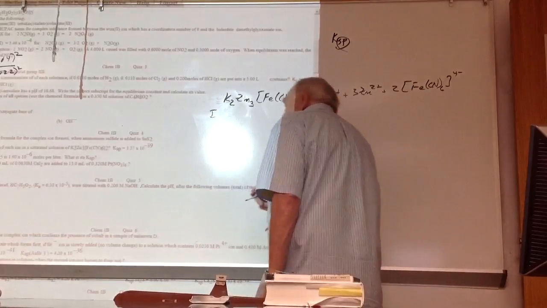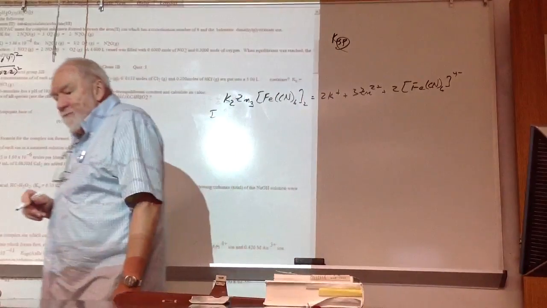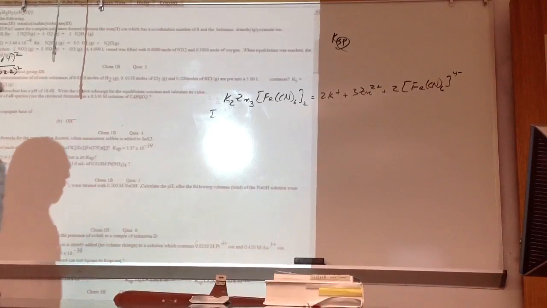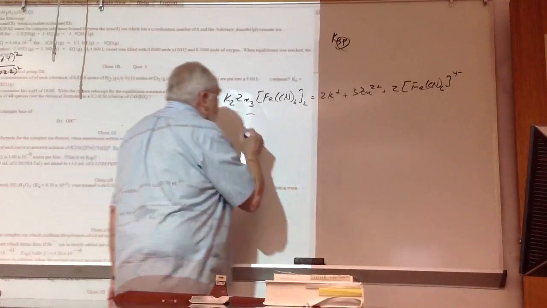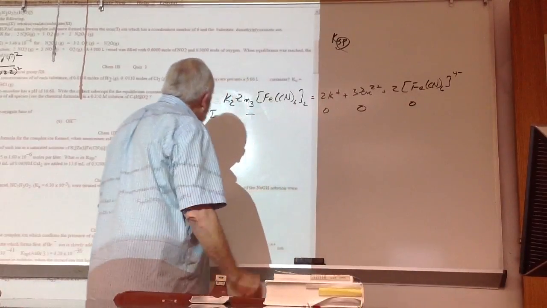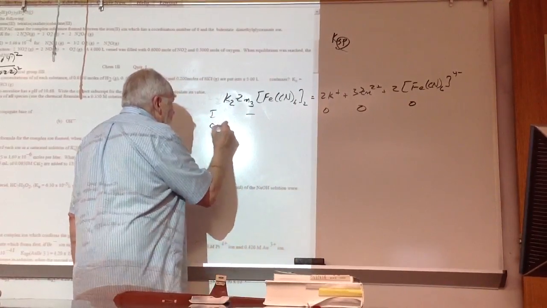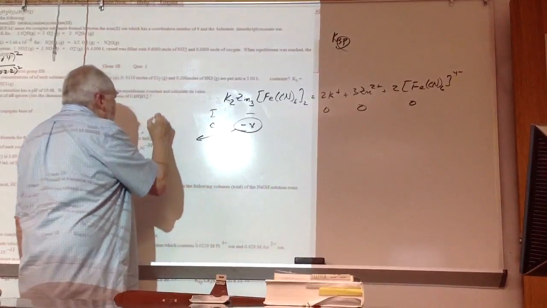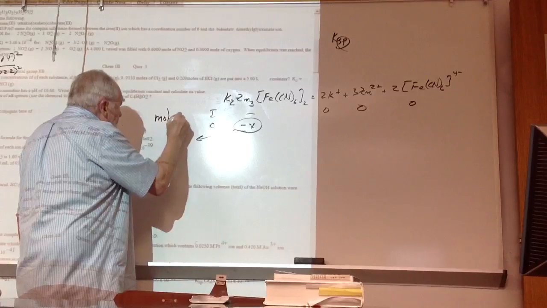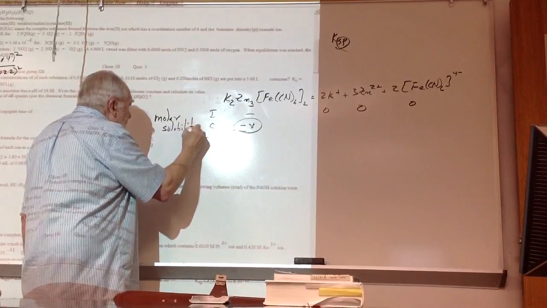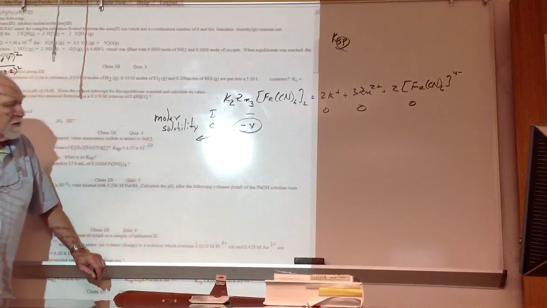And I emphasize product, because there's nothing in the denominator. It's a 1, because you have a solid on the left-hand side. So when you start this off, dash here, 0. And then this is sometimes referred to as the molar solubility of that compound.